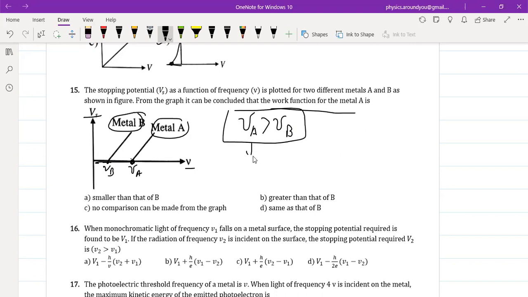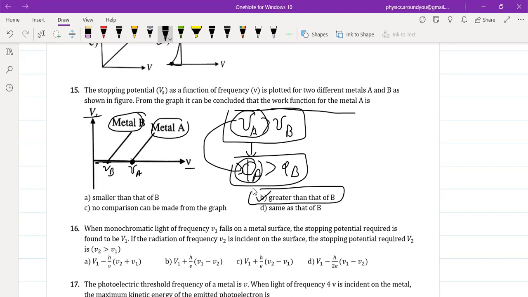That means threshold energy of A should be greater than threshold energy of B, because I need to increase the frequency for photoelectric emission. We know that frequency is directly proportional to the threshold, right? I need to supply metal A with more energy than metal B. Therefore, threshold of metal A should be more than metal B. So I can say work function of A is greater than that of B.